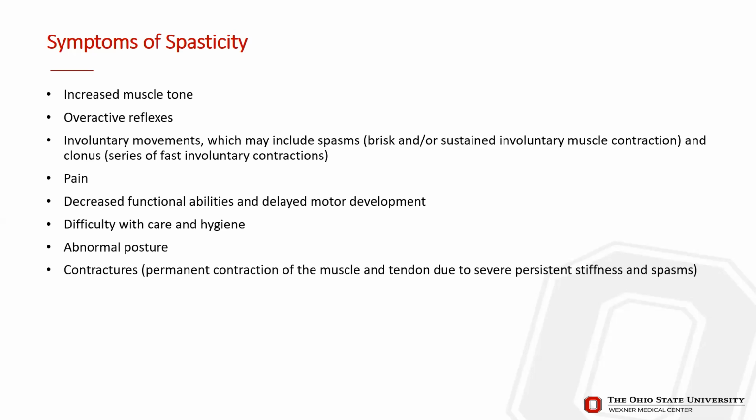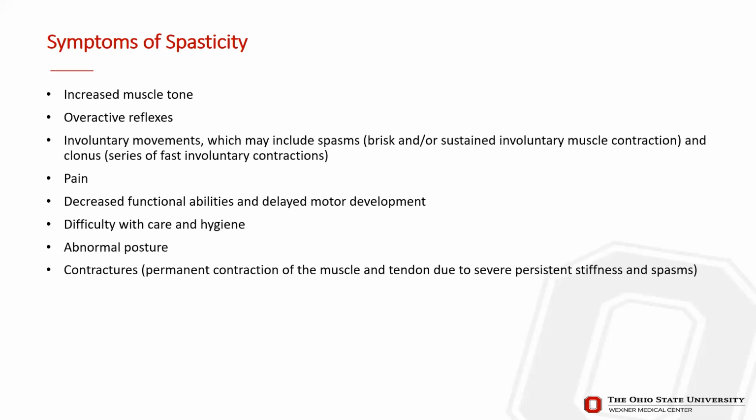And then contractures. This is where, when these muscles are super tight for a long period of time, those muscles can actually shorten down and turn into what we call contractures. Those are areas where you can't straighten that limb out, or it's stuck in that specific posture.